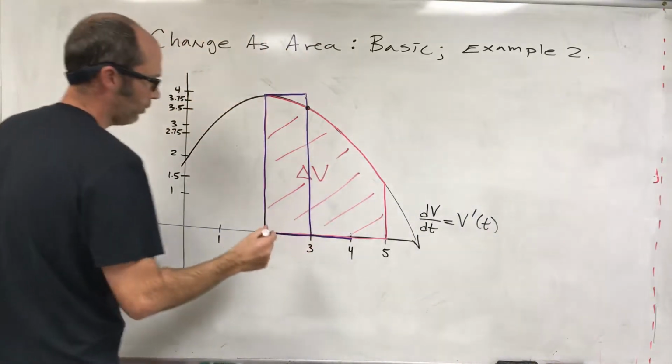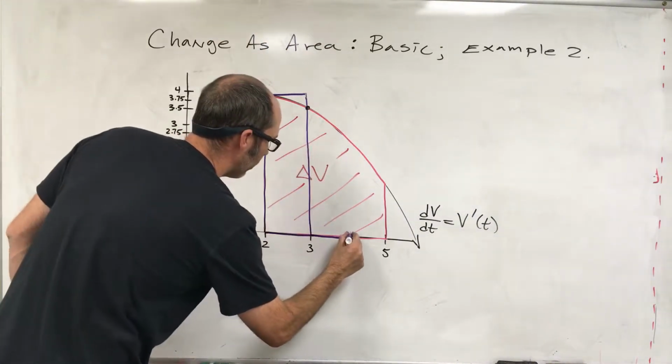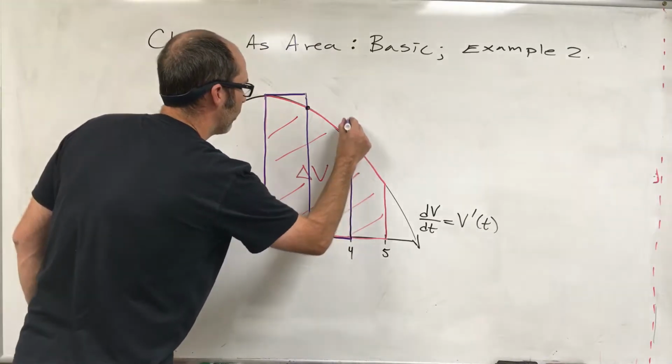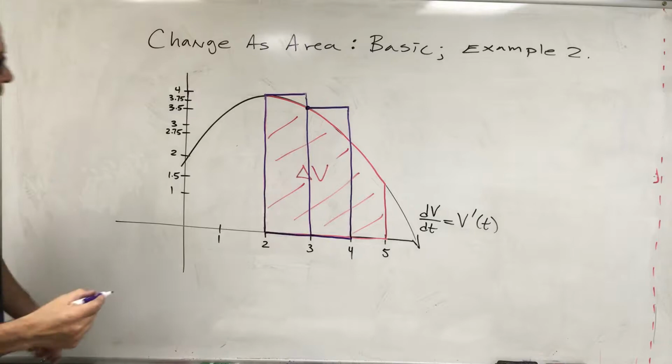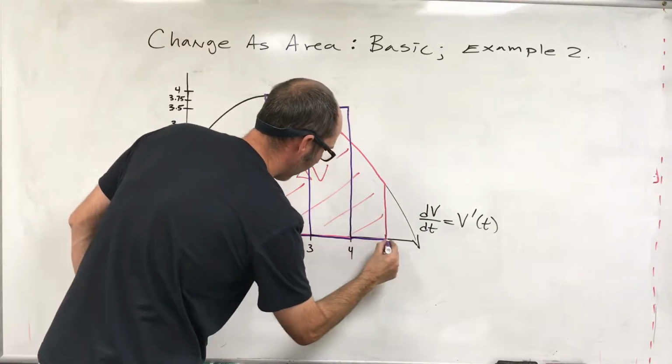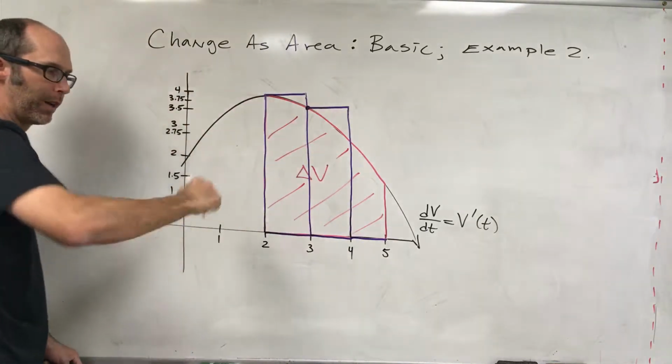Now my third rectangle, this is my width of 1, 5 minus 4 is 1.